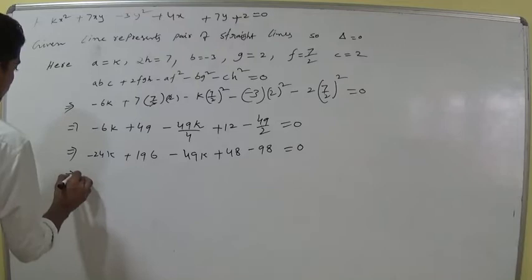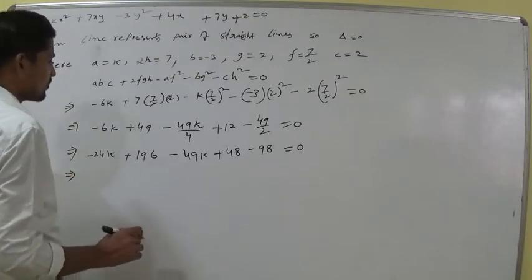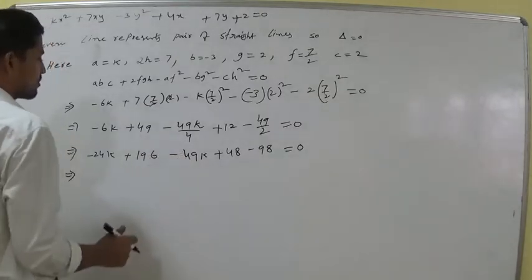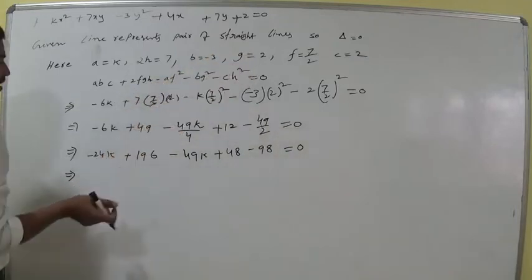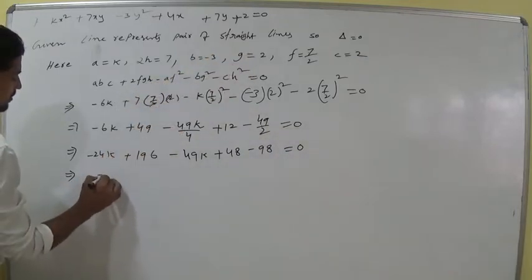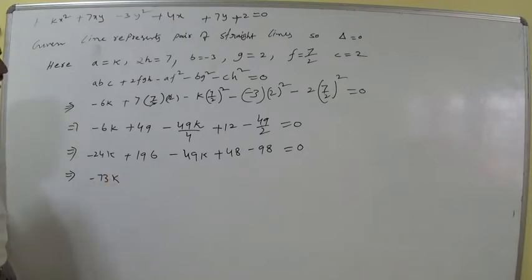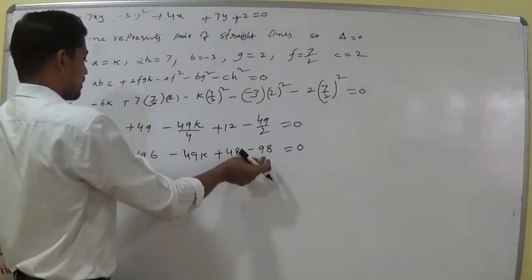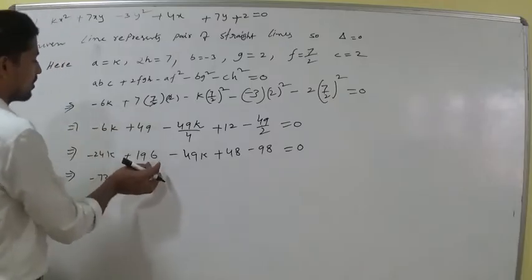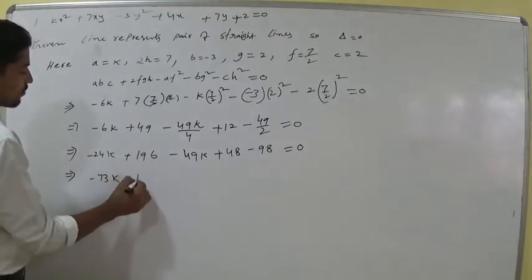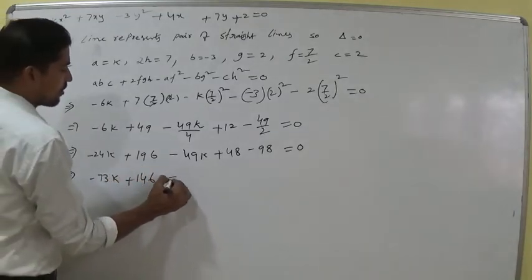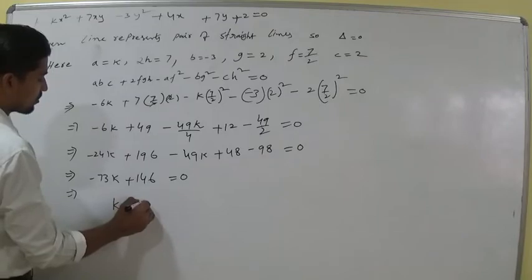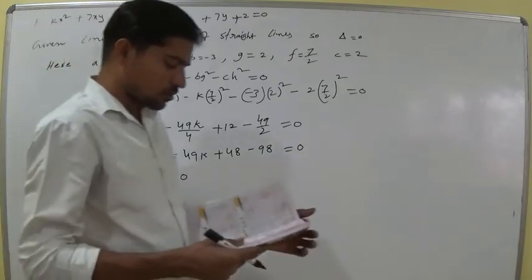So minus 24 minus 49, which is equal to minus 73k, and then which becomes minus 50 equal to plus 146 equal to 0, implies k is equal to 2.